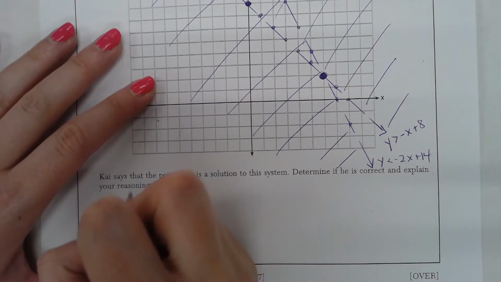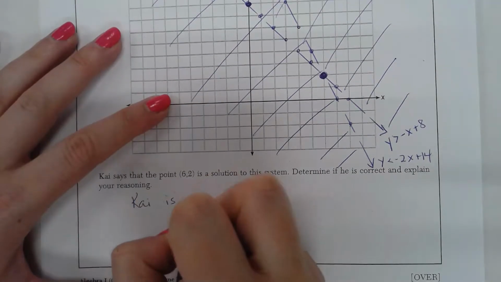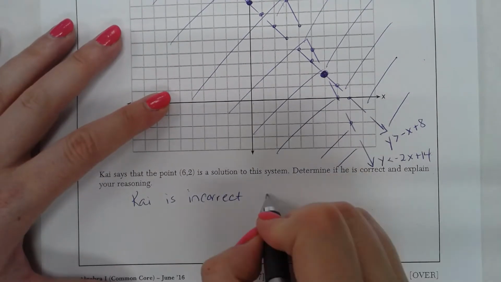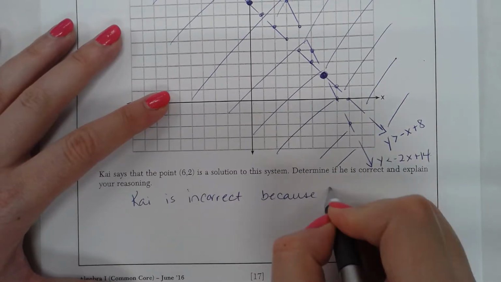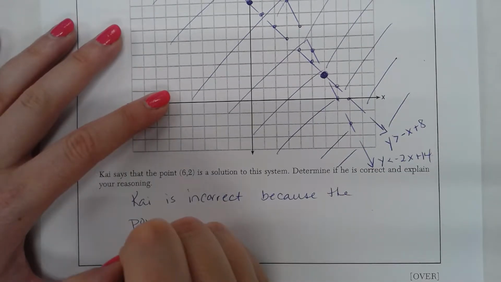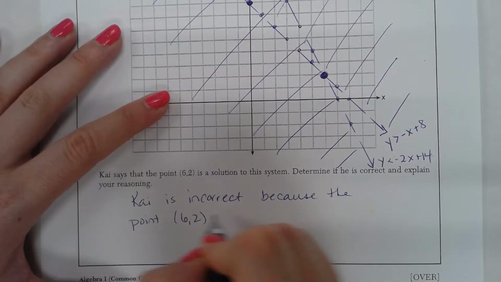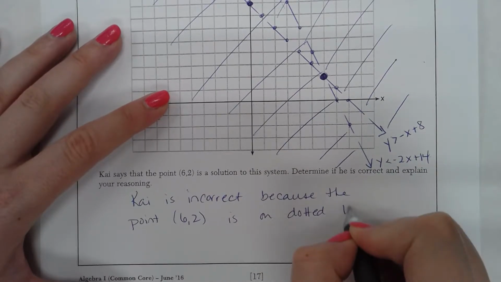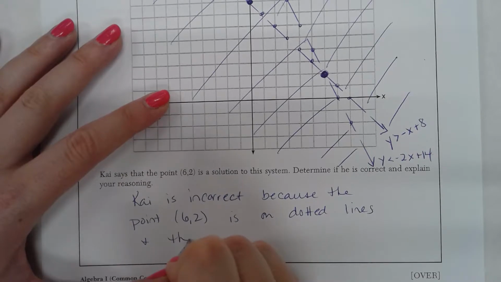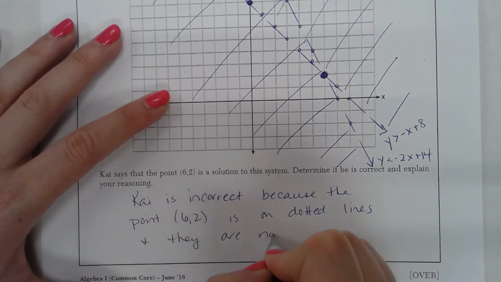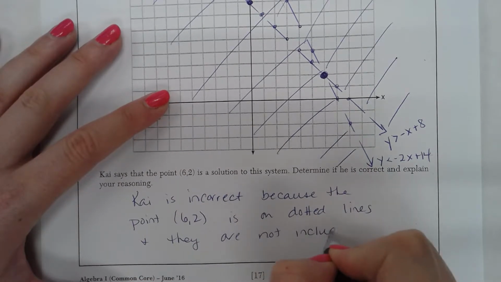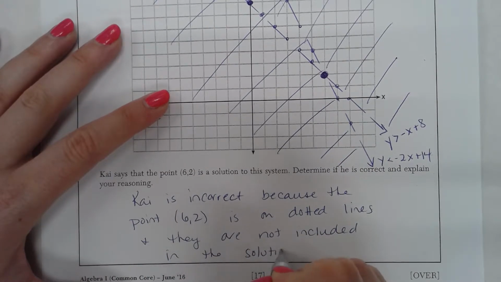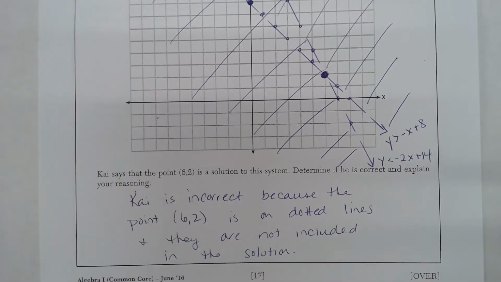So, Kai is incorrect because the point 6, 2 is on dotted lines, and they are not included in the solution. And that's that. Another 4 points.